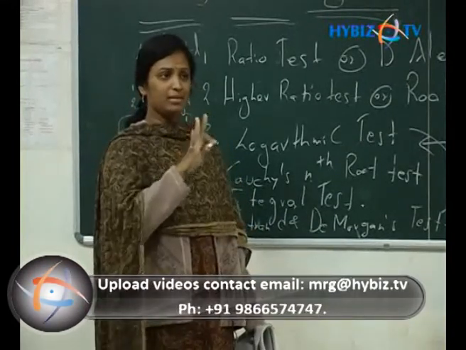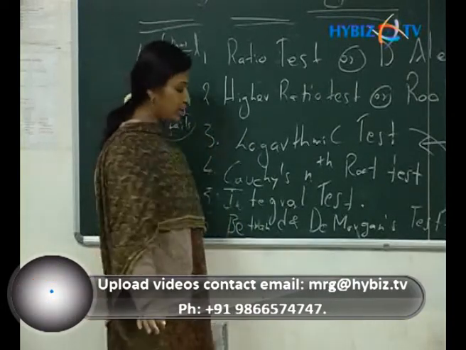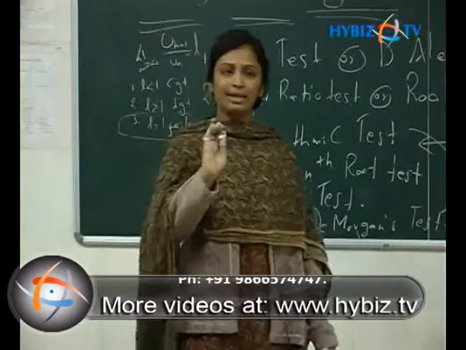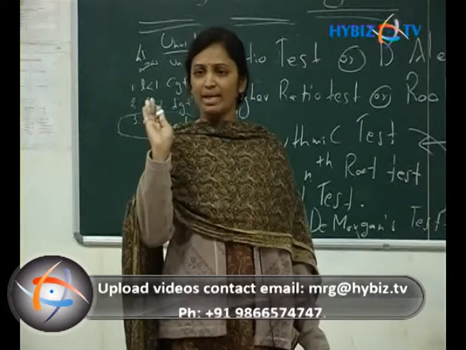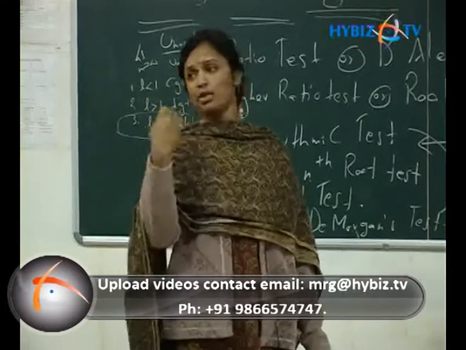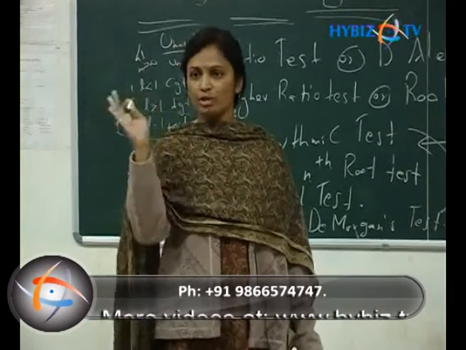Okay, 3 cases are over now. Only you have to take Cauchy's nth root test and the integral test. Integral test, you know how to identify that problem, because apart from these 5 tests, you can easily identify the integral test. So you will solve that later.